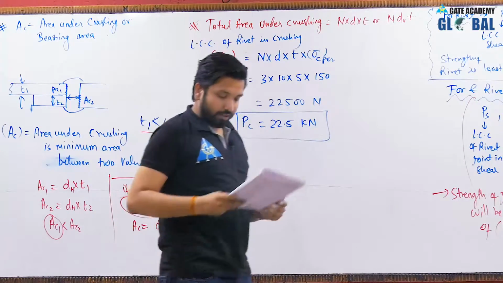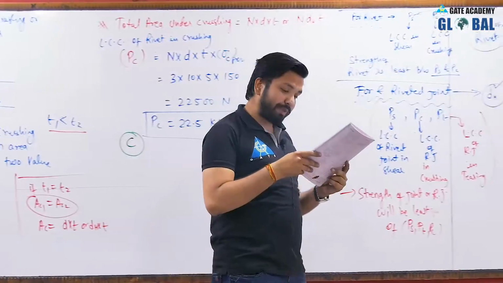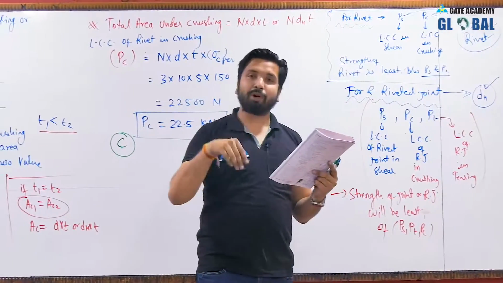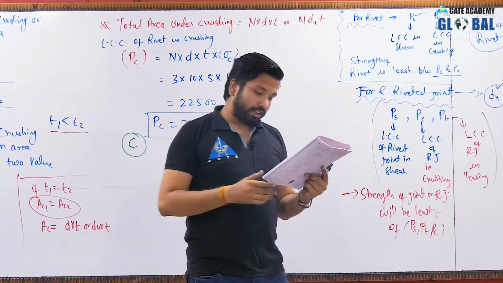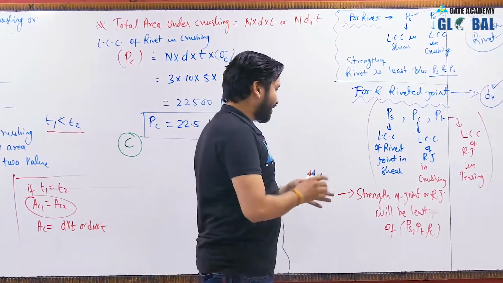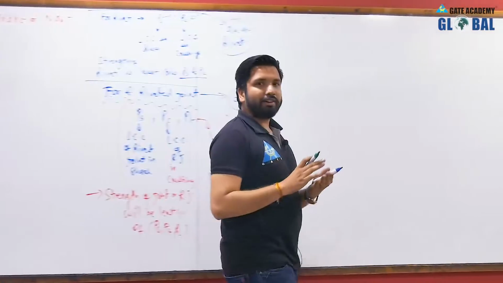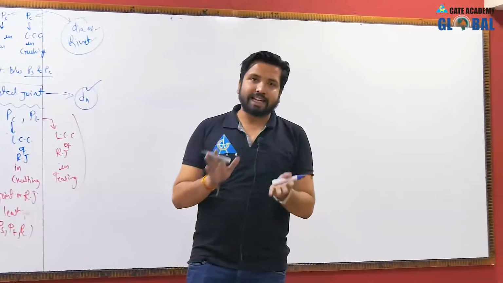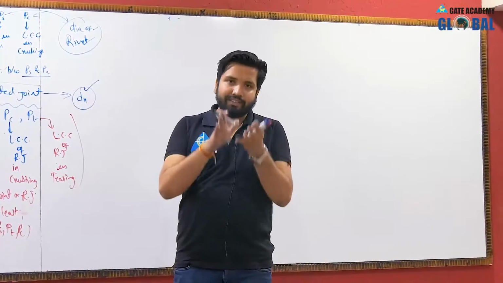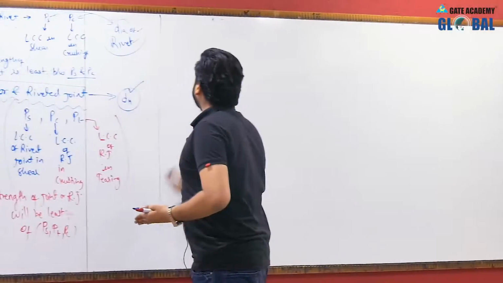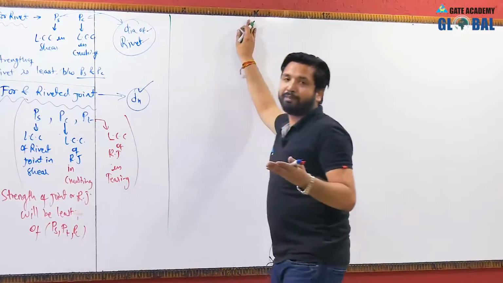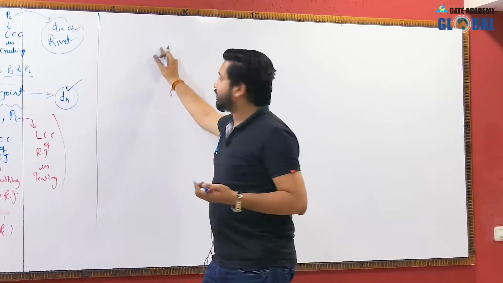Now let us see question number 4. If plate has to be designed, now here it is talking about plates, it is not talking about the joint again. Now for plates, if the question is only for plate, so plate can have only a tensile stress, there will be no crush. If there is no rivet attached to the plate, then there will be only a tensile stress, as I have told you in the part where we have discussed the tearing strength.